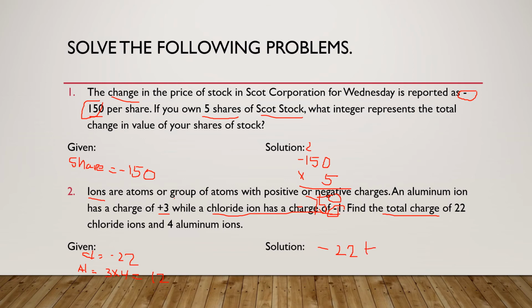And so negative 22 plus 12. Okay, so what is the rule in adding, teachers? That is, the total charge is negative 10. Why? Negative 22 plus 12. That means we need to subtract and get the sign of the larger number. So the larger number is 22. So the answer is negative 10. Okay? That's it.